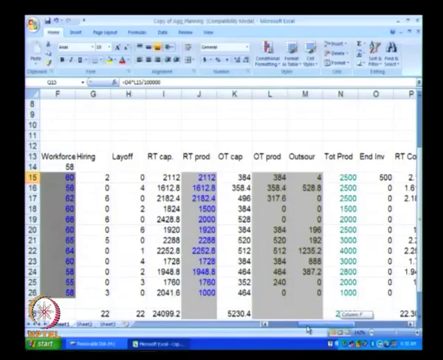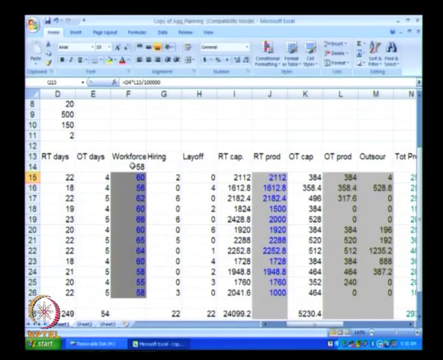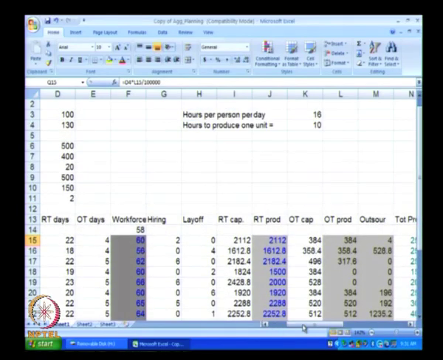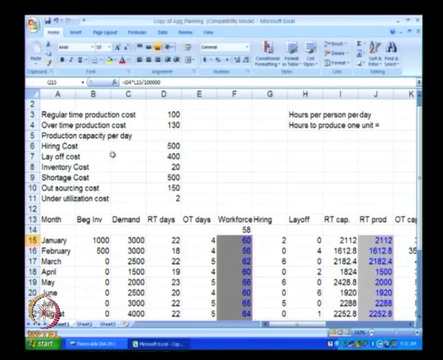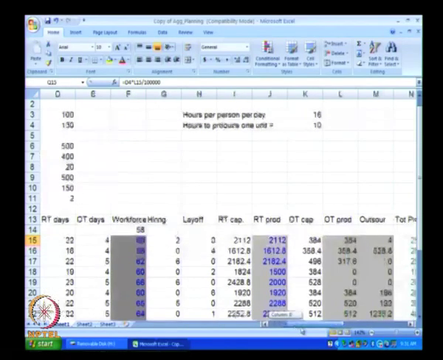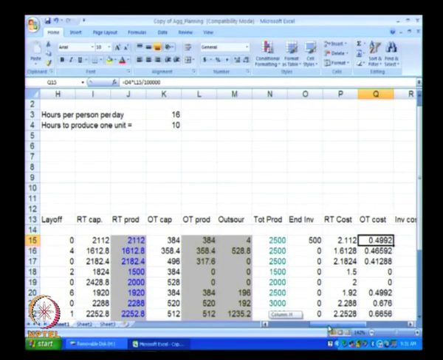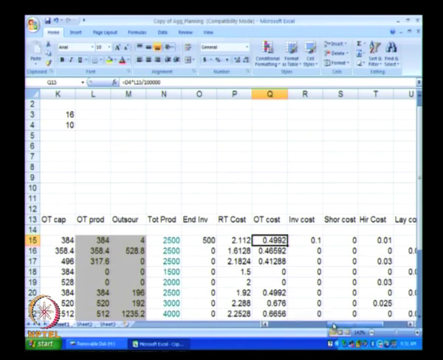In this period, we increased the workforce from 58 to 60, therefore, we hired workforce. Cost of hiring is given as 500, we hired 2 people. So, the hiring cost is 500 into 2 people, which is given by 0.01.